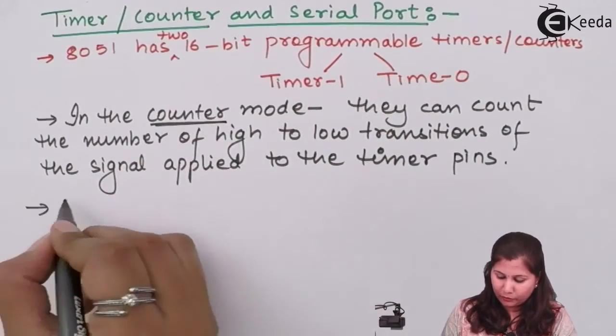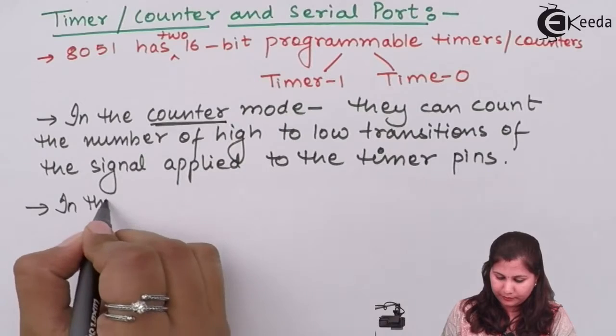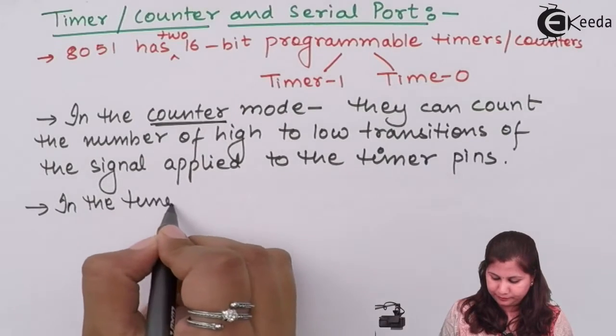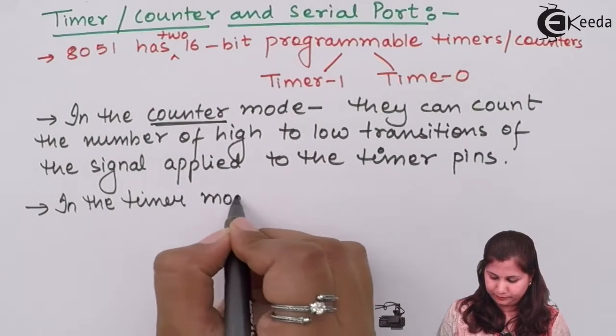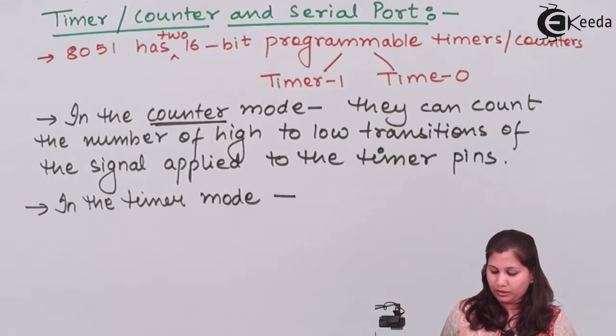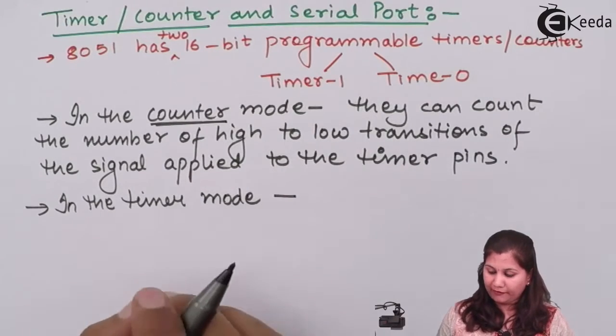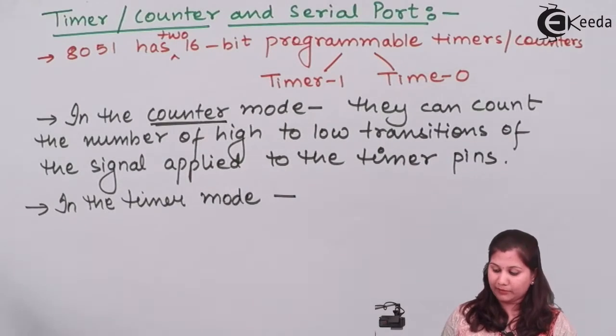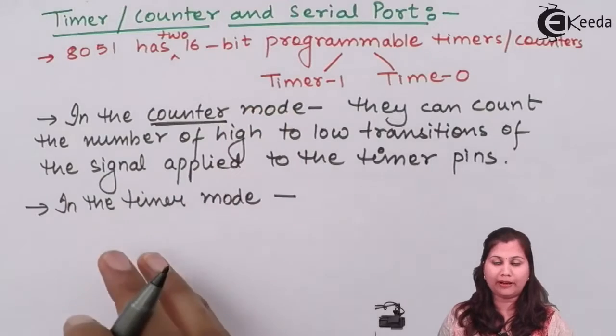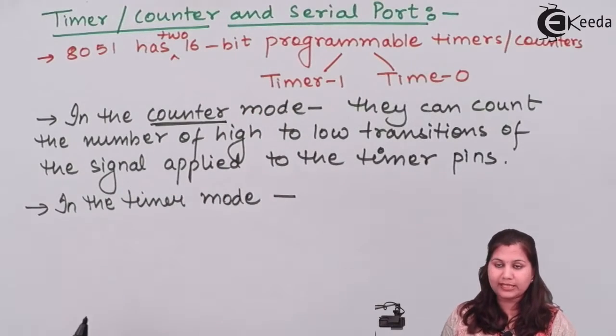Now in the timer mode, we have two timers, timer 0 and timer 1. These timers can be used to operate in different modes.